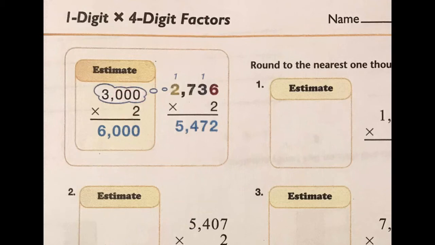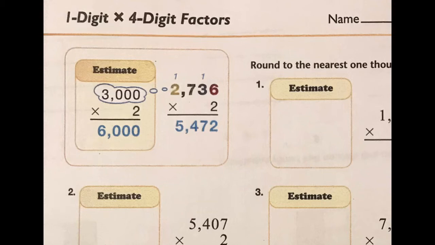Makes it a whole lot easier, doesn't it? All right, but that's not going to give us the exact answer, but it will get us close. Okay, and that comes really handy, especially whenever you're shopping and you don't have a calculator and you just want to kind of have an average number of what your cost is going to be.